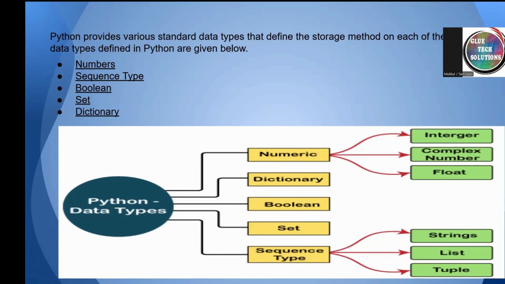String, list, and tuple come under the sequence data type. And why do they come under the sequence data type? Because all three of these data types have common characteristics. We will see what the common characteristics are which make them come under the sequence type. Okay, so these are the different data types. Now we will see them one by one.